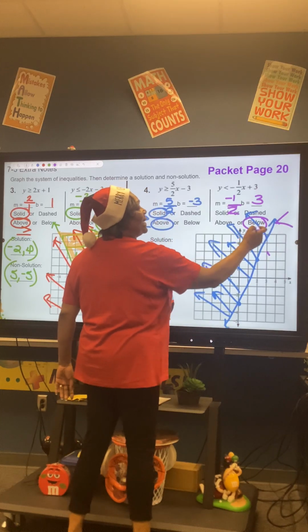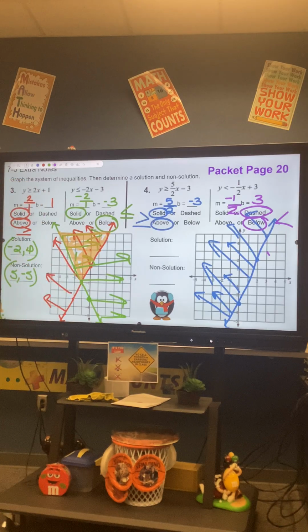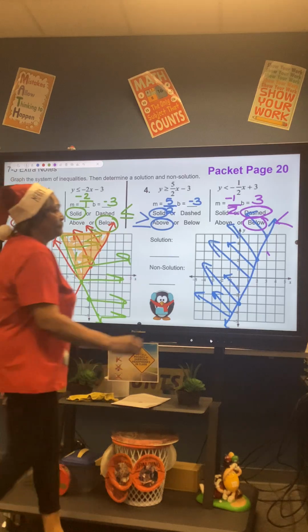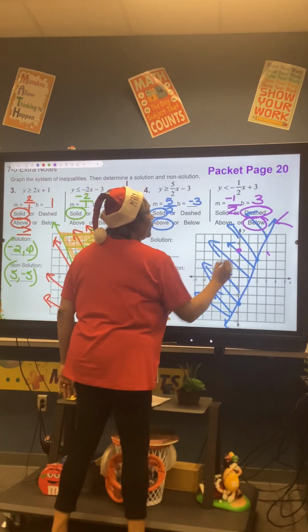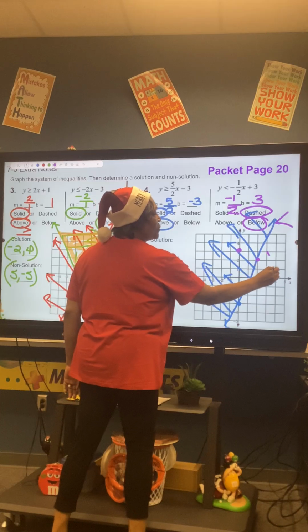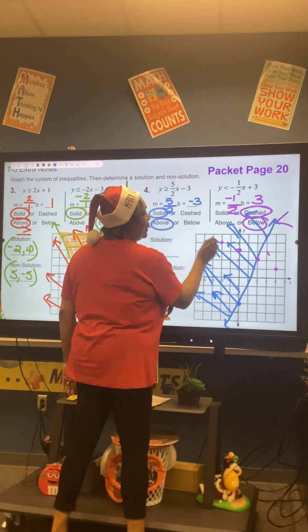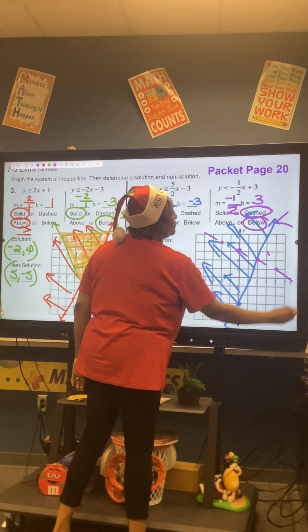It doesn't have a line underneath it, which means it's going to be dashed. Okay. So I'm starting at a positive 3. I'm going to go down 1, 2 to the right. Down 1, 2 to the right. I have a dashed line.